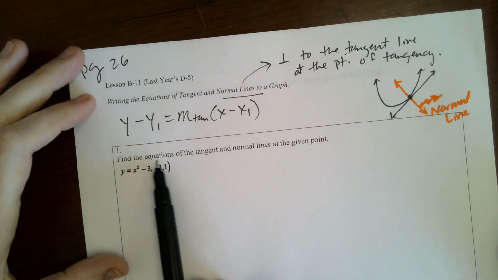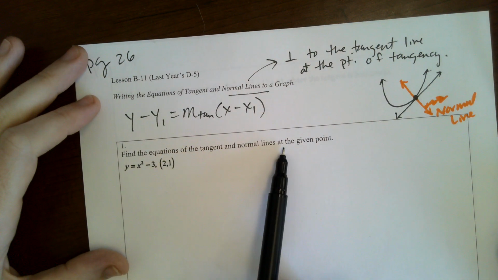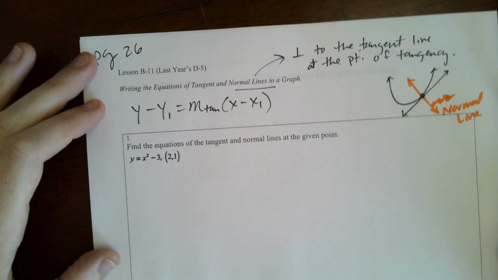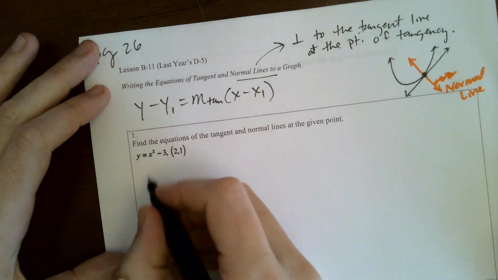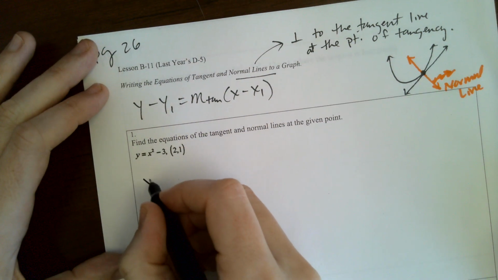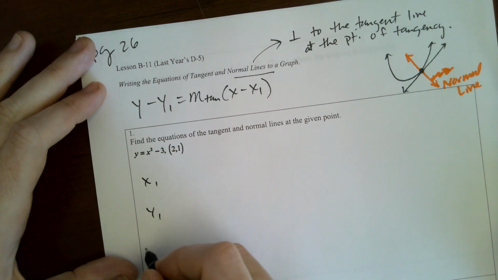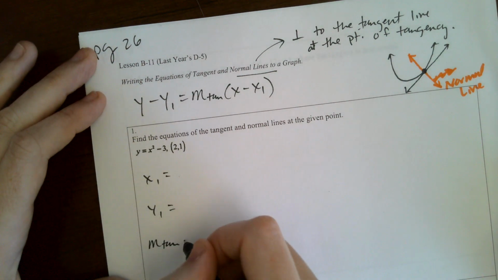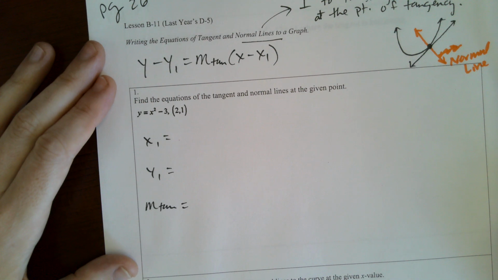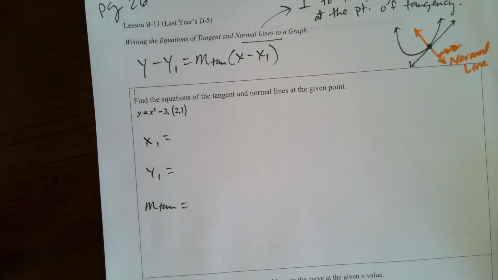Okay, so find the equations of the tangent and normal lines at the given point. Okay, so it goes like this. So we're gonna have x1, y1, and m tan. Guys, as soon as you have numbers for these three things, then you could use this formula.